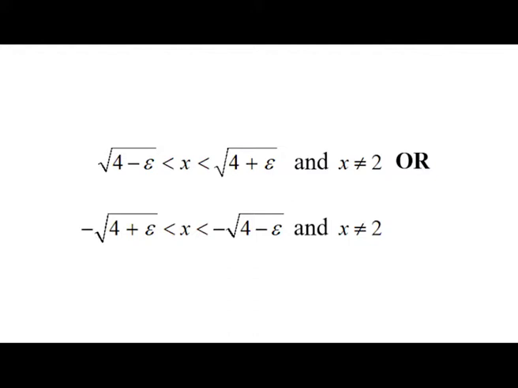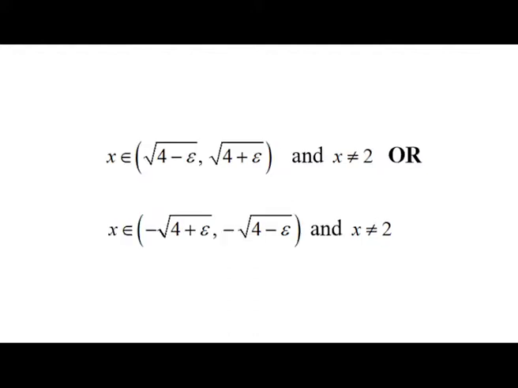or negative of square root of 4 plus epsilon less than x less than negative of square root of 4 minus epsilon and x not equal to 2, which is equivalent to x belongs to the open interval (square root of 4 minus epsilon, square root of 4 plus epsilon) and x not equal to 2, or x belongs to the open interval (negative square root of 4 plus epsilon, negative square root of 4 minus epsilon) and x not equal to 2.